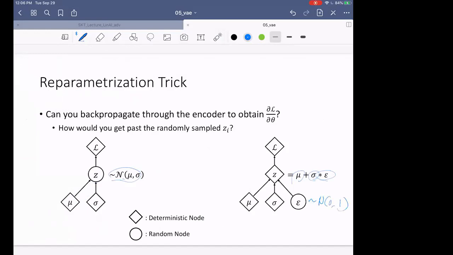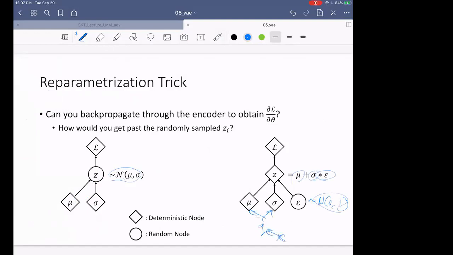So it's a noise. There's a separate epsilon node which follows a unit Gaussian distribution, and you sample a certain epsilon from it, and this mu and sigma is still coming from the Q, which receives x.